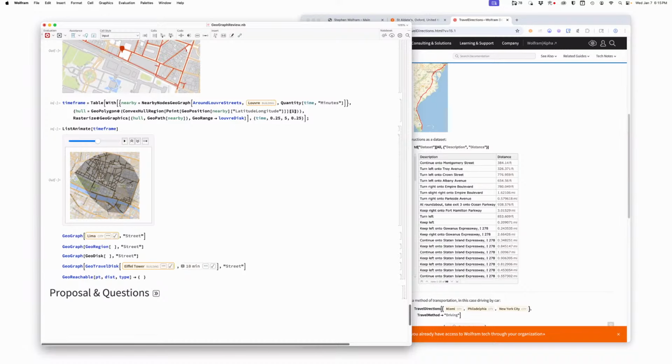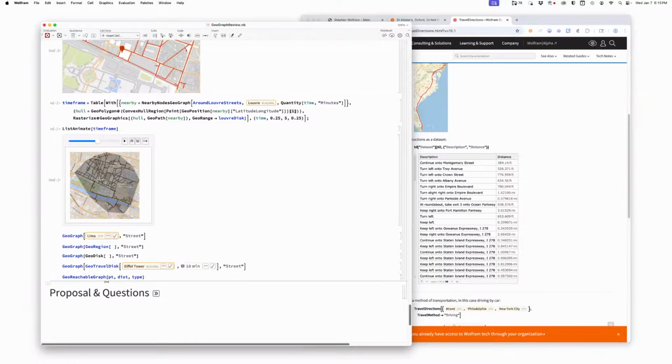Now, I agree with what you're saying. Maybe you're right that this should in fact be a geo-reachable graph, so that it's the direct analog of GeoGraph.